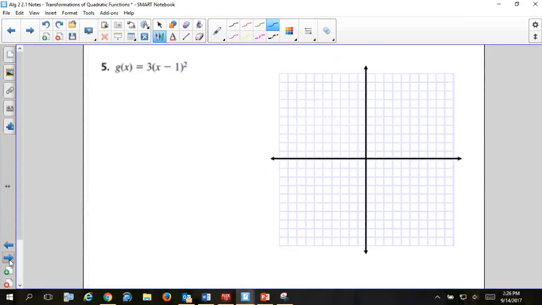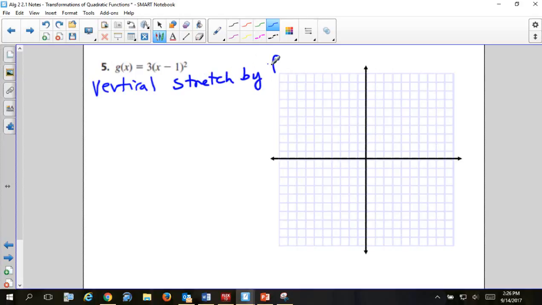Same thing. Okay, the next one, what are our transformations? Where is that 3 located? Is that horizontal or vertical? Vertical. So vertical is normal. If it's 3, is it going to be a stretch or a shrink? Stretch.